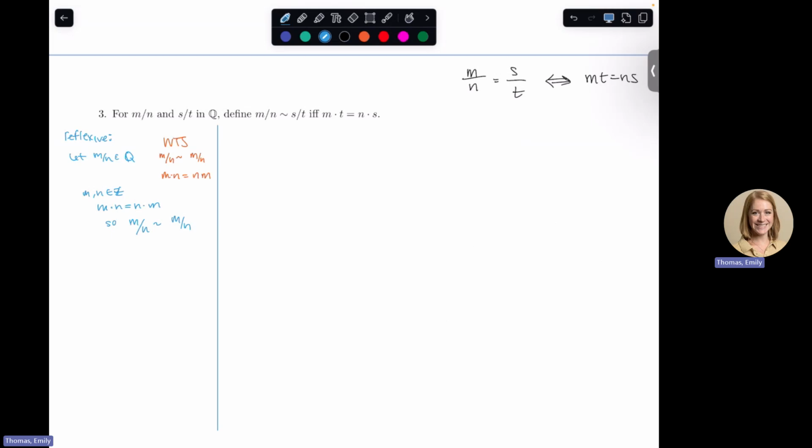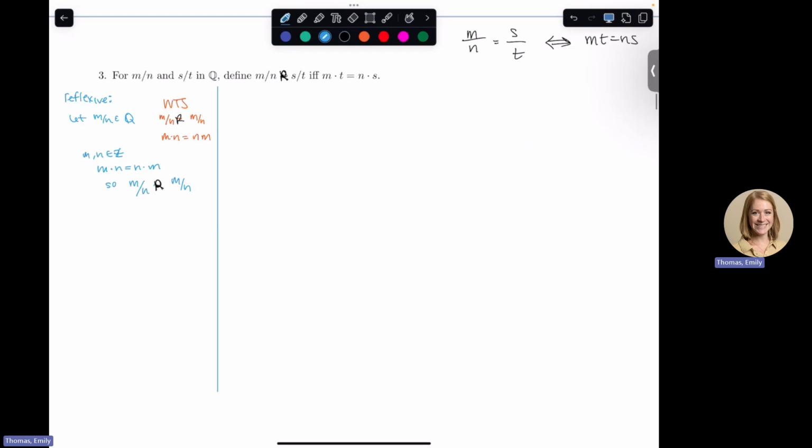Can I make this be an R so I don't have to write a squiggly a bunch of times? Because when you say, thus R is reflexive, I don't want to say thus squiggly thing is reflexive. Okay. We have reflexive done.